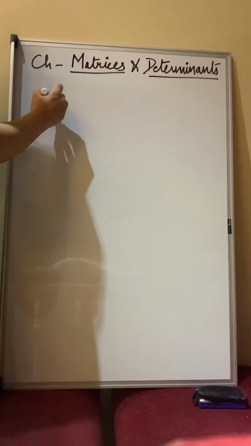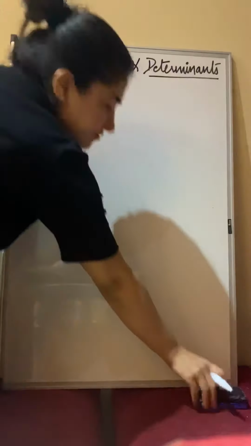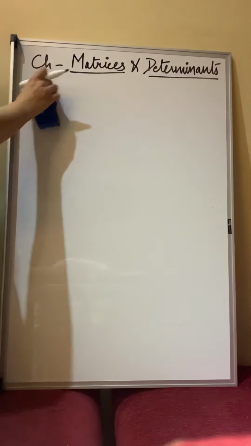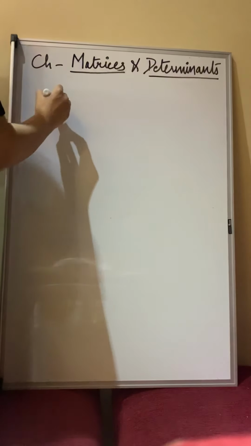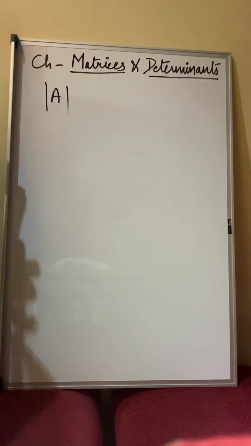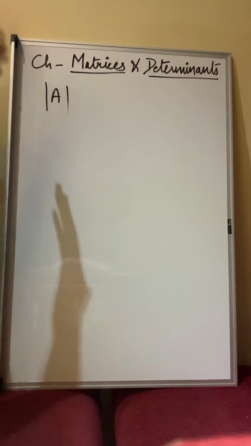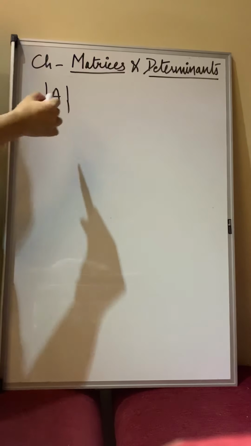First of all, if a matrix is denoted by A, we denote the determinant with bars. You can do this in your notebooks also, because things are going to be slightly tricky later on.